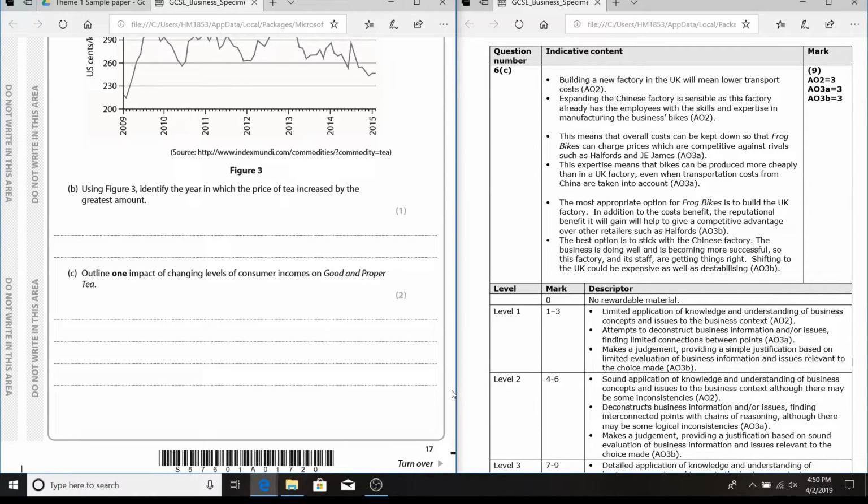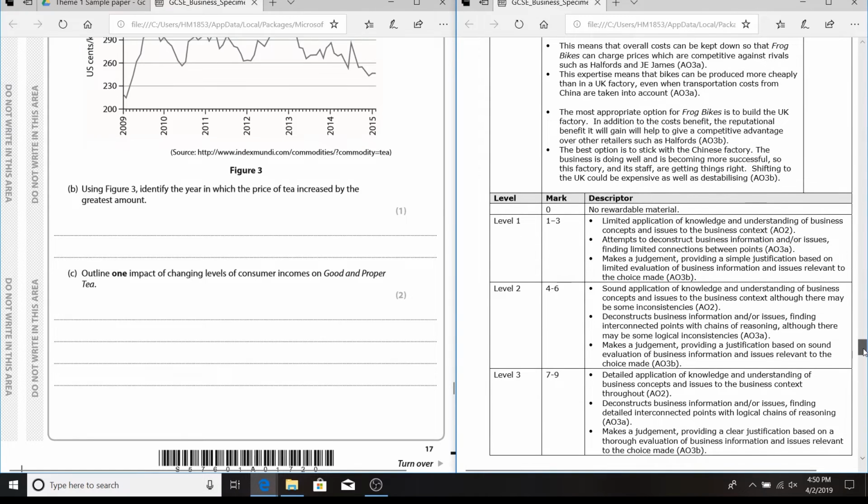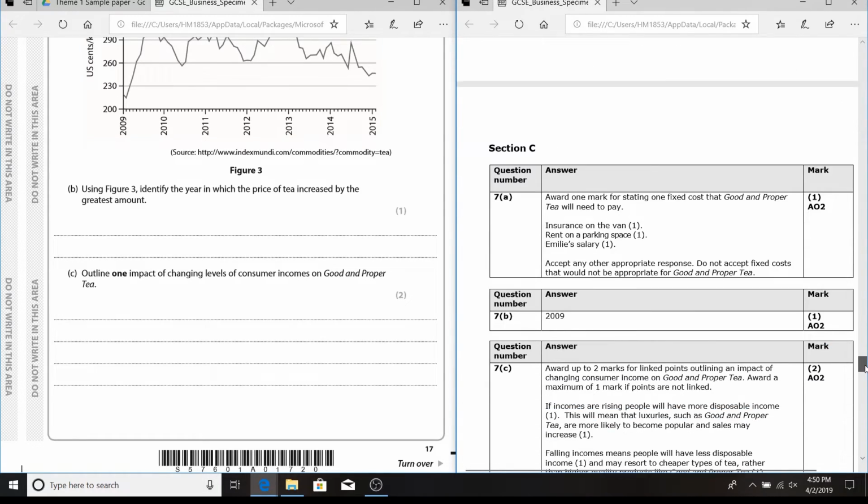Okay, so changing levels of consumer incomes. Well, this could mean that there's increased demand for luxury products if incomes are rising. A good and proper tea, well, it's a luxury product, so you've got to get that application in there, okay? So therefore, there might be more demand for luxury tea products.